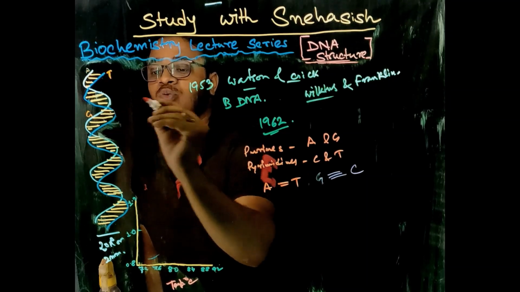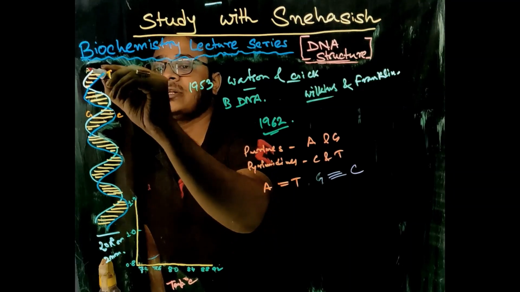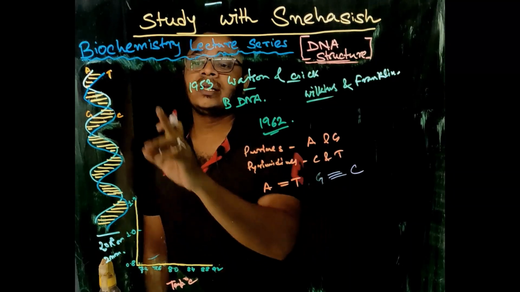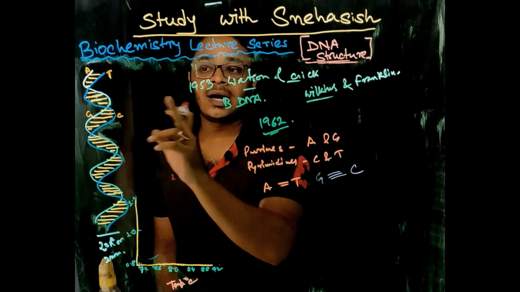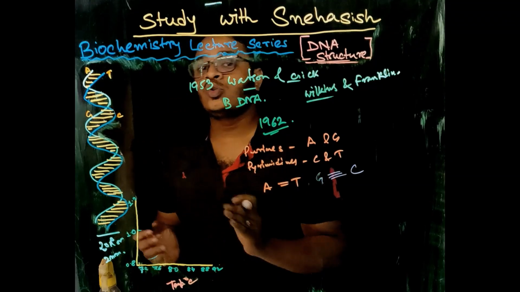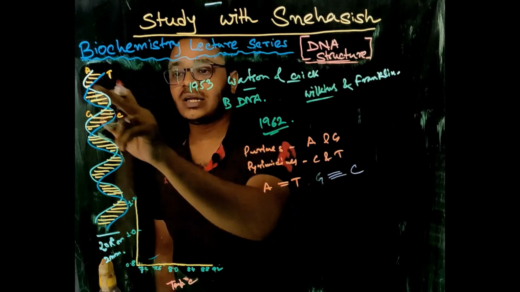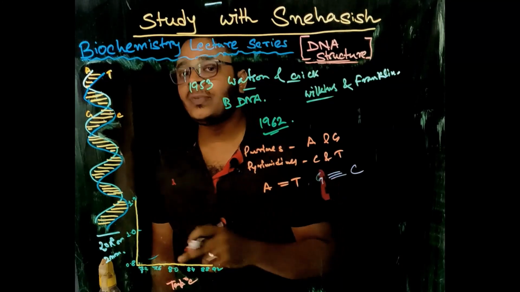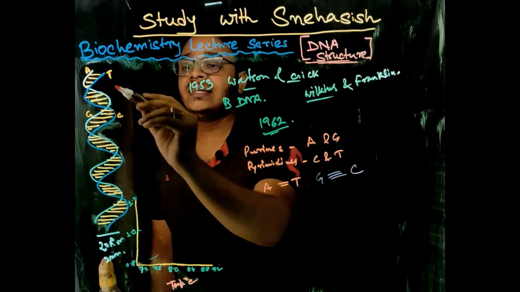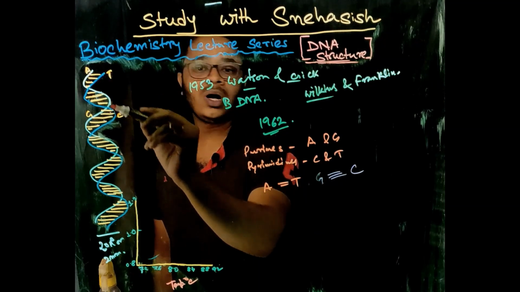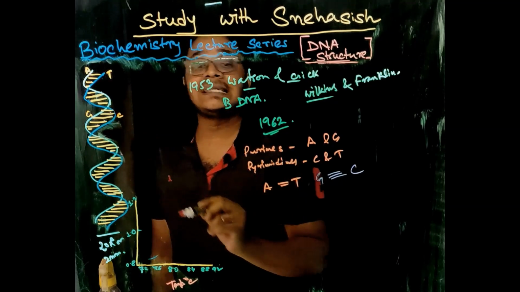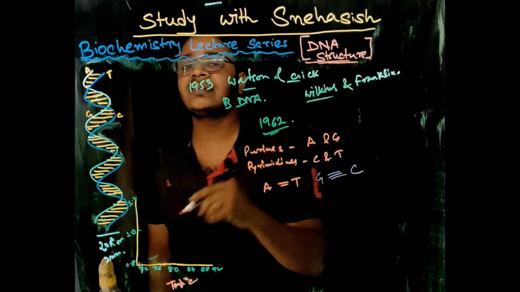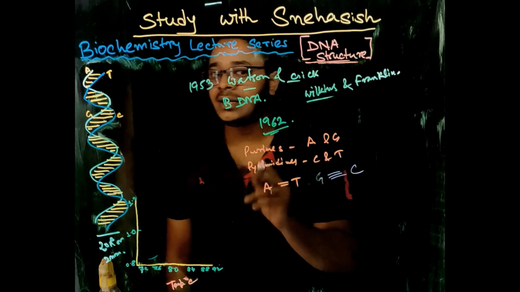If this is guanine, then this is cytosine. The bases are placed towards the inner side of the double-stranded DNA, and they are connected with the help of hydrogen bonds. These are stacked one upon another, which results in the stacking interaction. This helps in stabilizing the DNA.